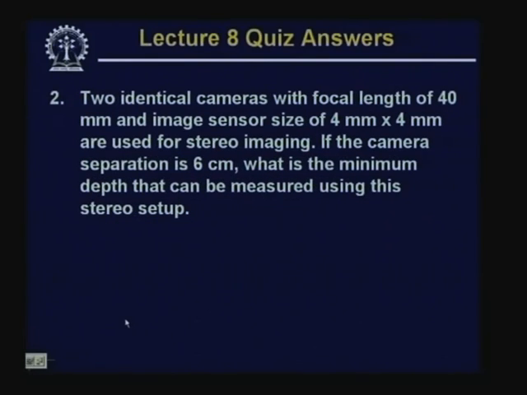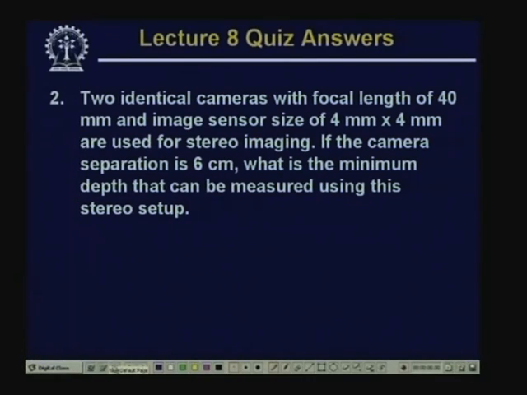The second question was to find out what is the minimum depth that can be obtained by using the stereo camera, where the geometry of the stereo camera was specified. Now, this is also very simple. What you can do is, you find that we have two cameras with certain dimension of the imaging plate.